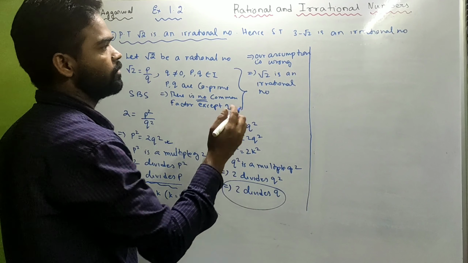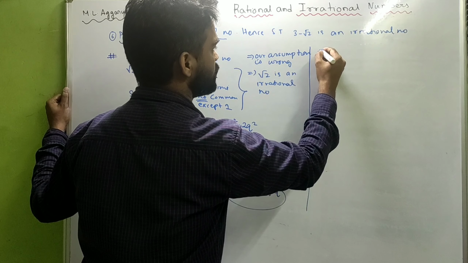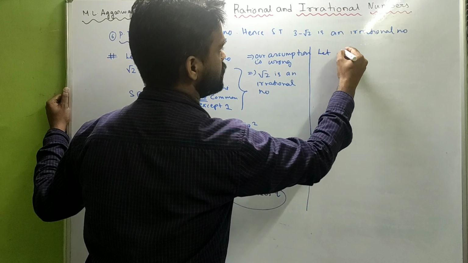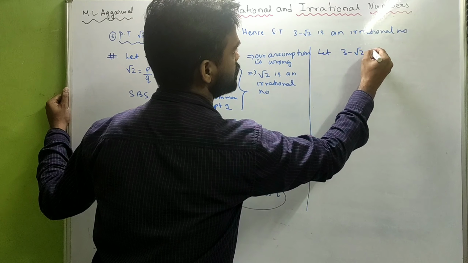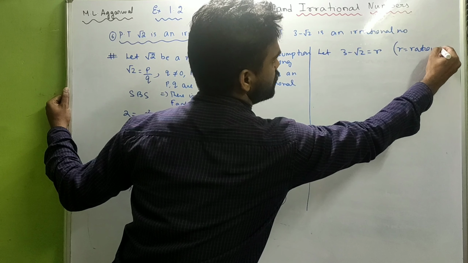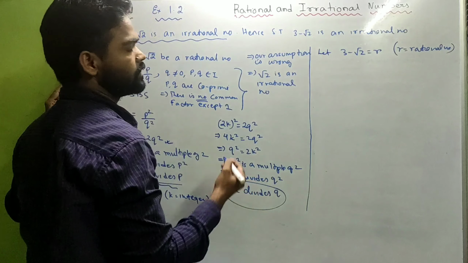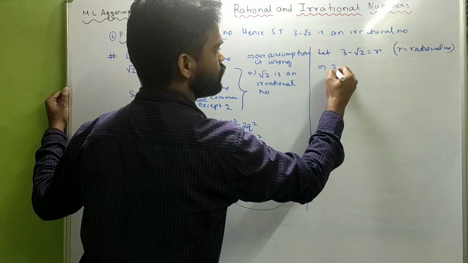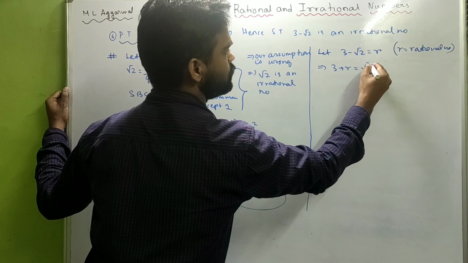Now let us see the second part, which says hence show that 3 minus root 2 is an irrational number. Very easy. By contradiction method. Let 3 minus root 2 be equal to r, where r is a rational number. Then we can write 3 plus r equals root 2.